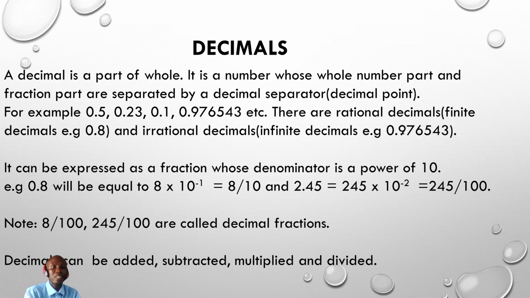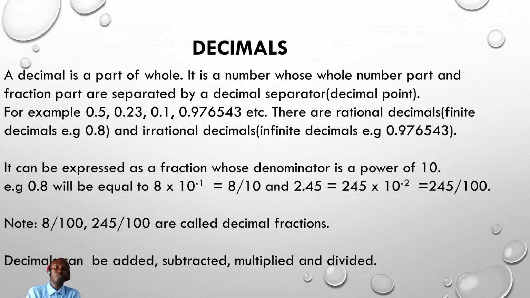So the decimal can be expressed as a fraction whose denominator is a power of 10. For example, 0.8 is equal to 8 times 10 raised to the power minus 1, which is equal to 8 over 10. And 2.45 is 245 times 10 raised to the power minus 2, which is 245 divided by 100.